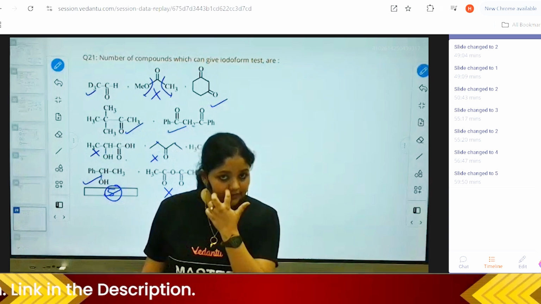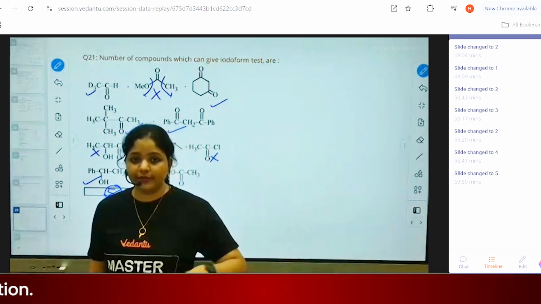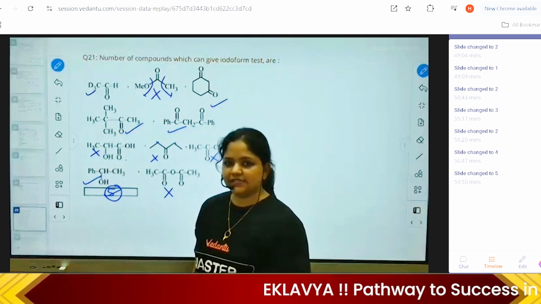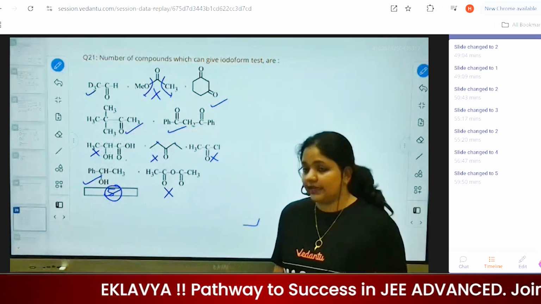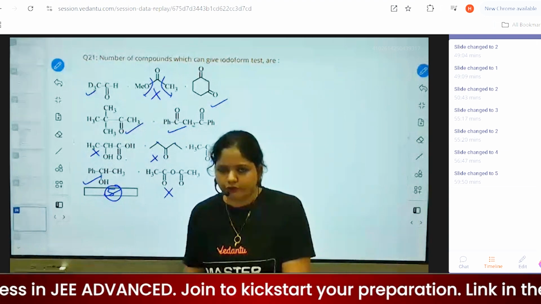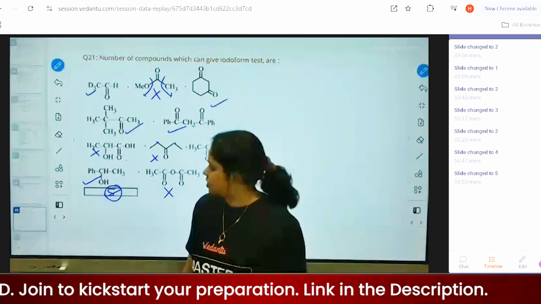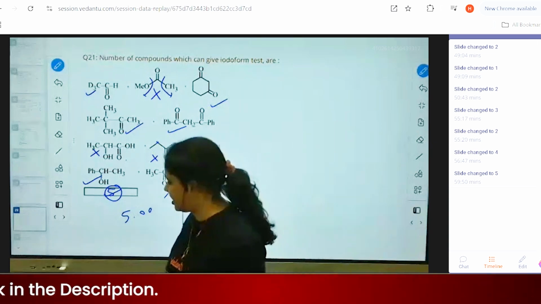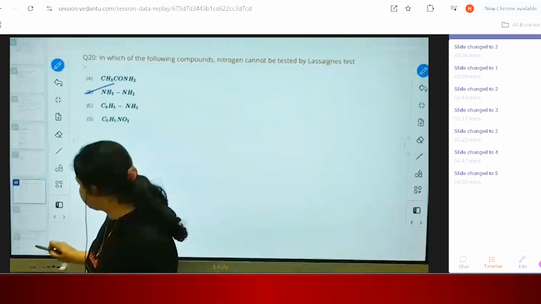Along with that, there should not be any of the acid or acid derivatives. Then it will not show, because the base will react with acid, undergoing acid base reaction instead of undergoing this iodoform or haloform reaction. So here total of 5. Answer here is 5. Next, moving further, next question.